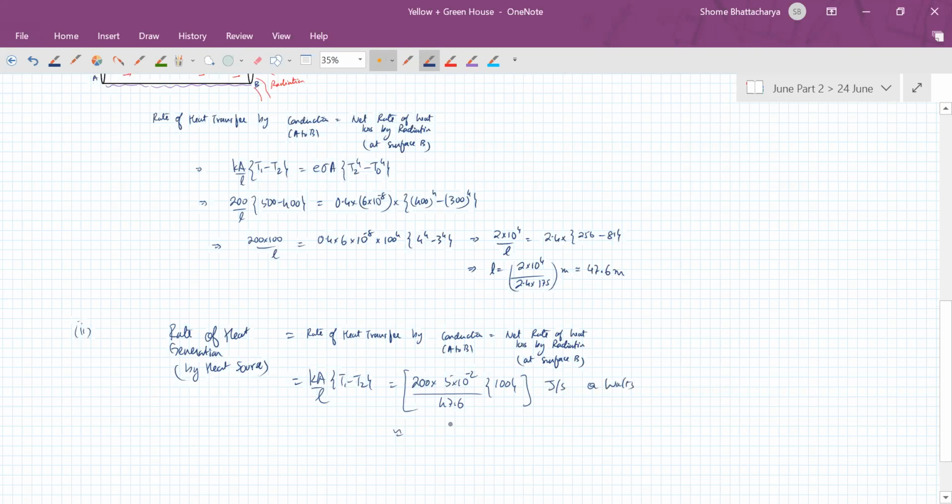So it will be nearly 20, slightly greater than 20. Actually closer to like 21.